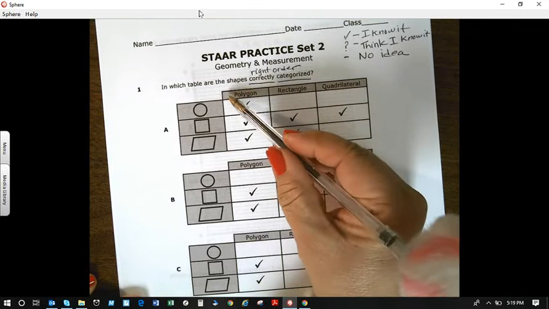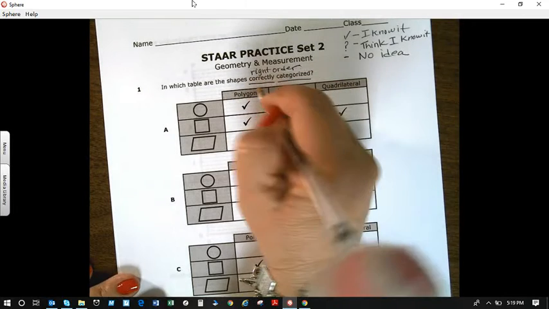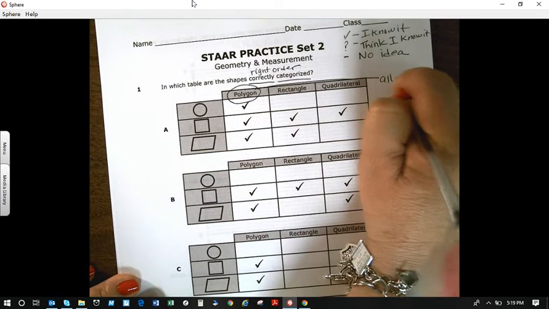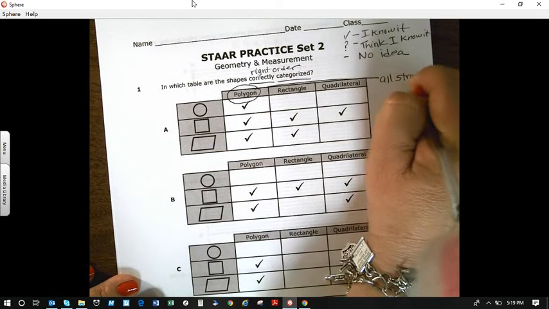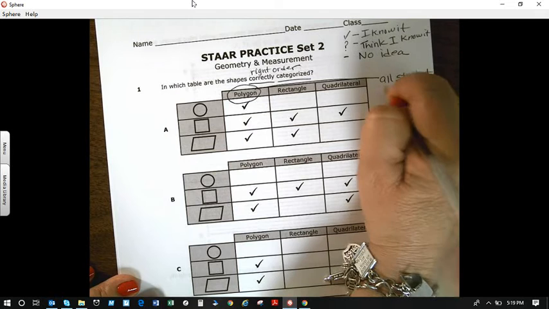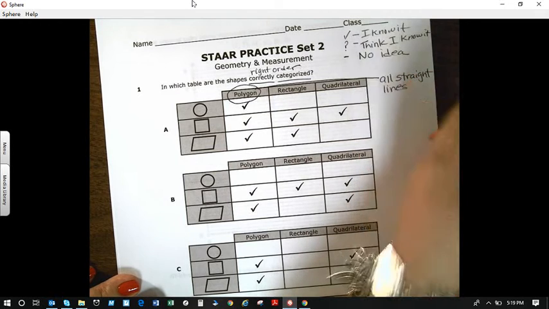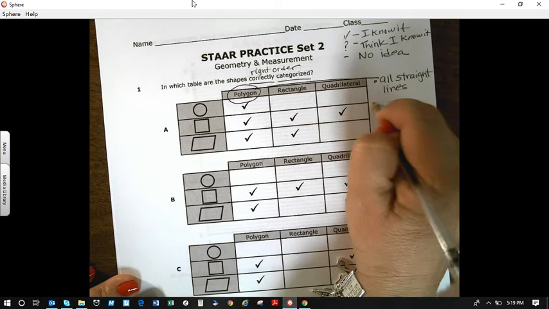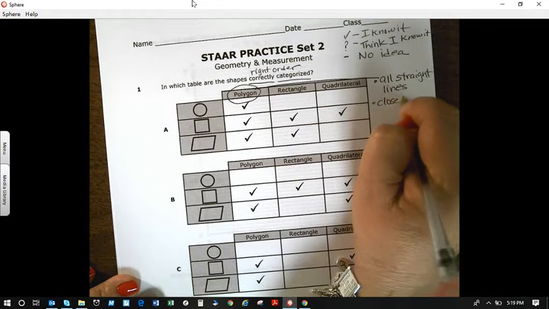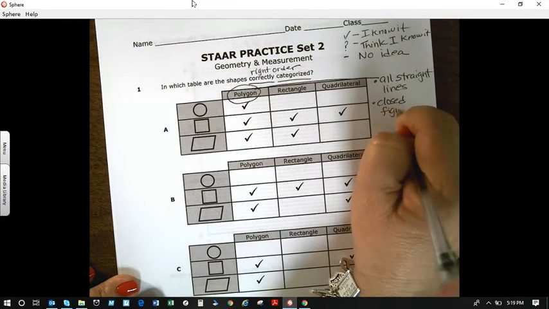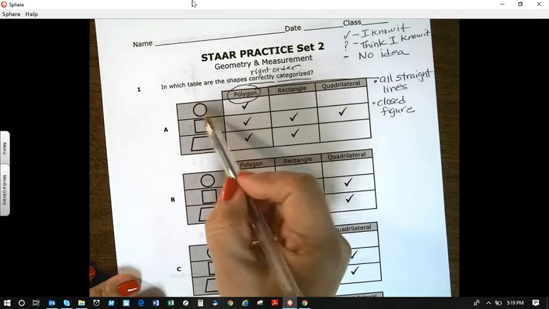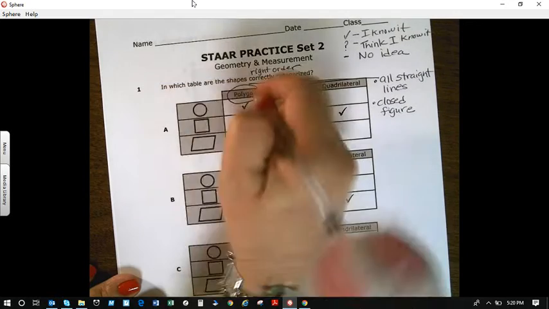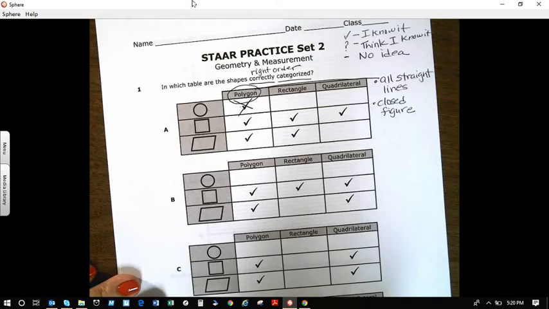To define a polygon, I remember that a polygon has all straight edges, or straight lines. It's also a closed figure. Well, look, it says that a circle is a polygon. So I already know that this is not correct. Okay, so I'm going to move on.